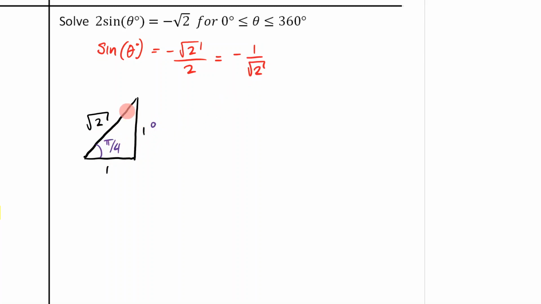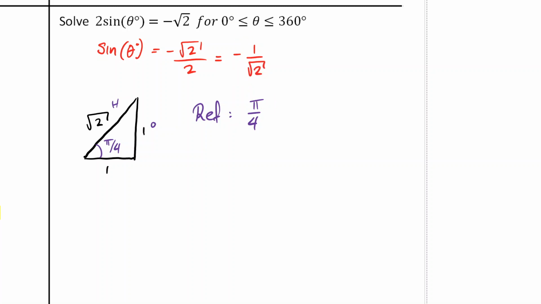Because sine is opposite over hypotenuse, and cos, adjacent over hypotenuse, is always going to be 1 on the square root of 2, unless of course it's tan. As soon as you see this, you immediately know that it's going to be pi on 4. So my reference angle here is going to be pi on 4. That's why I say that after a while, you might not need to rely on the special triangle so much, because you'll just be able to look at the solution and know that's going to be pi on 4.